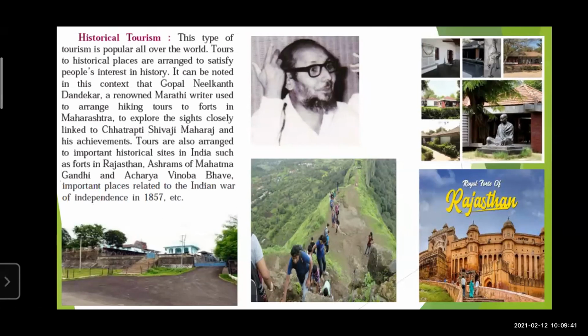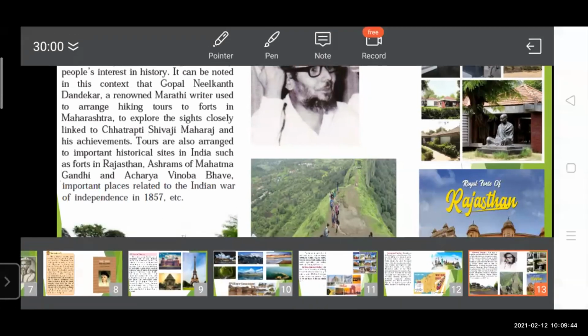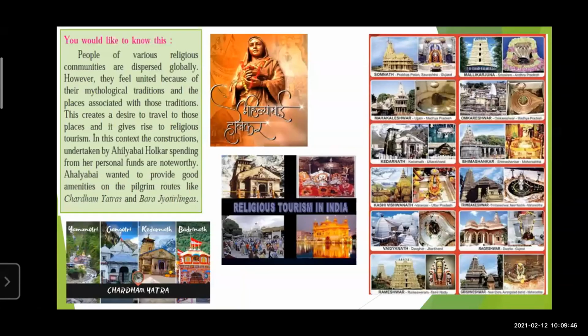Next we have another type of tourism, that is religious tourism. People of various religious communities are dispersed globally. They are not settled in one place; as we know, they have been scattered worldwide.